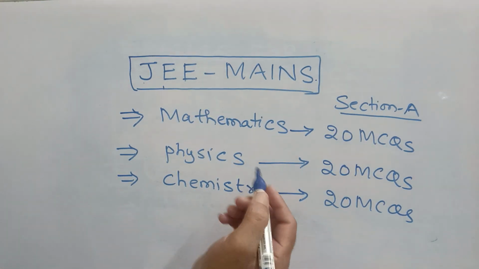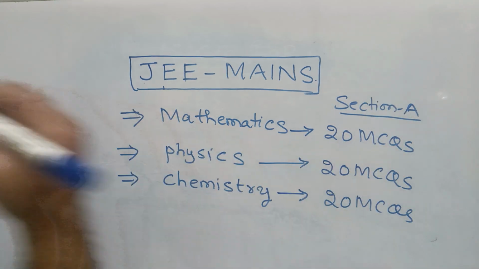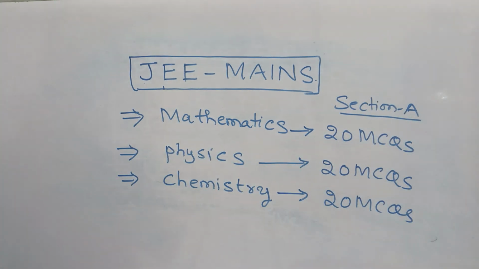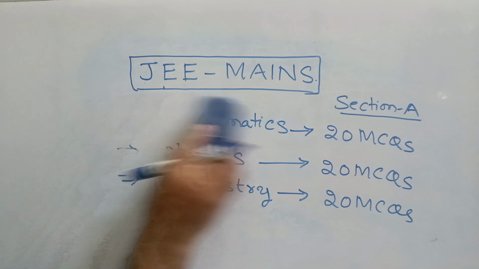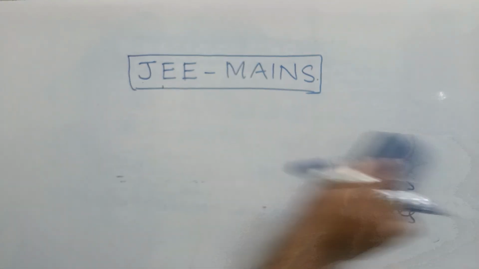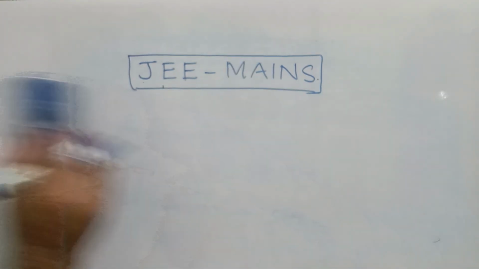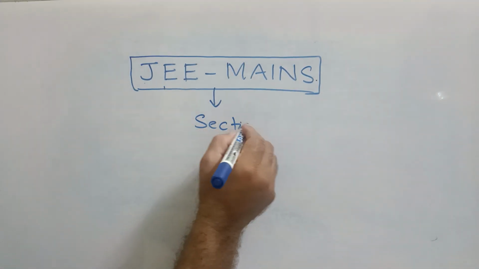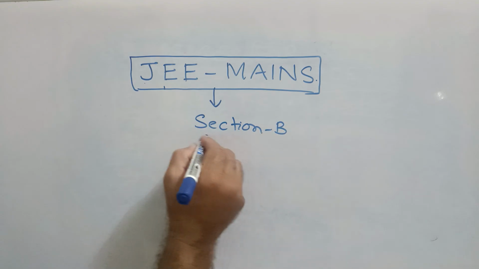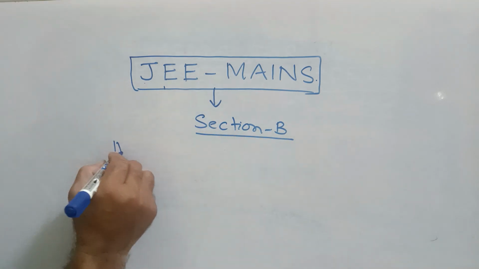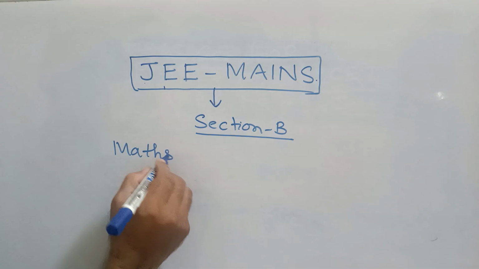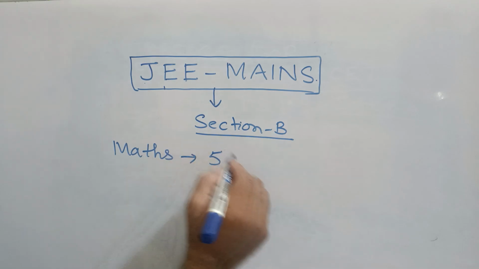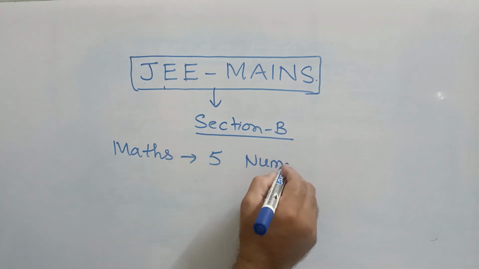Coming to section B, there are five numericals. From each subject, that is maths, there are five numericals.